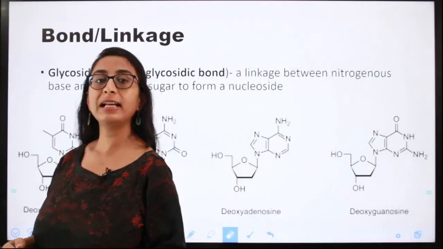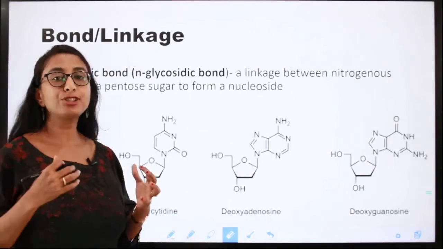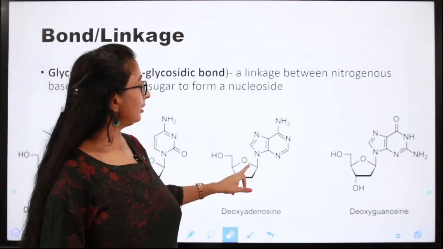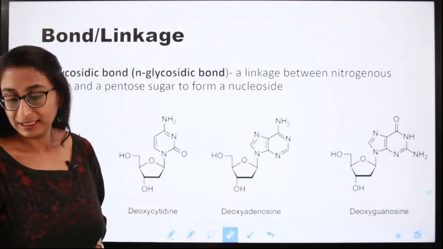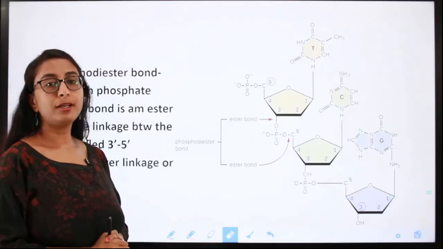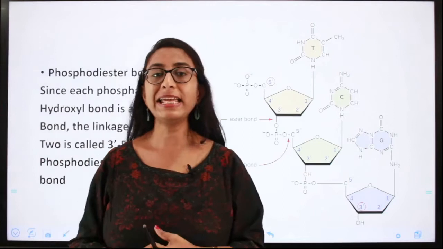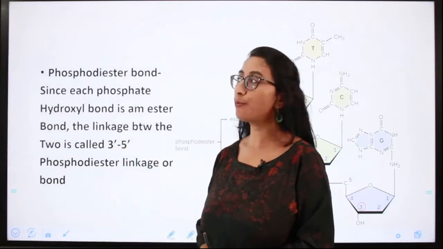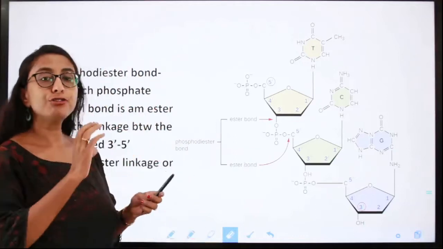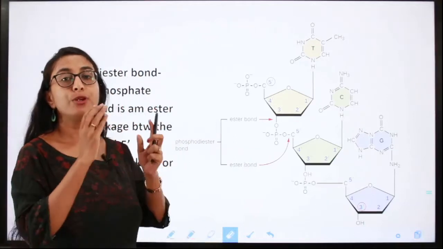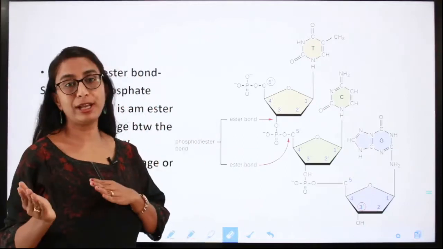So did you understand about the glycosidic linkage? Glycosidic linkage is a linkage between the pentose sugar and the nitrogenous base. The second linkage present in DNA is the phosphodiester bond. What is the phosphodiester bond? It is the one which connects adjacent nucleotides.